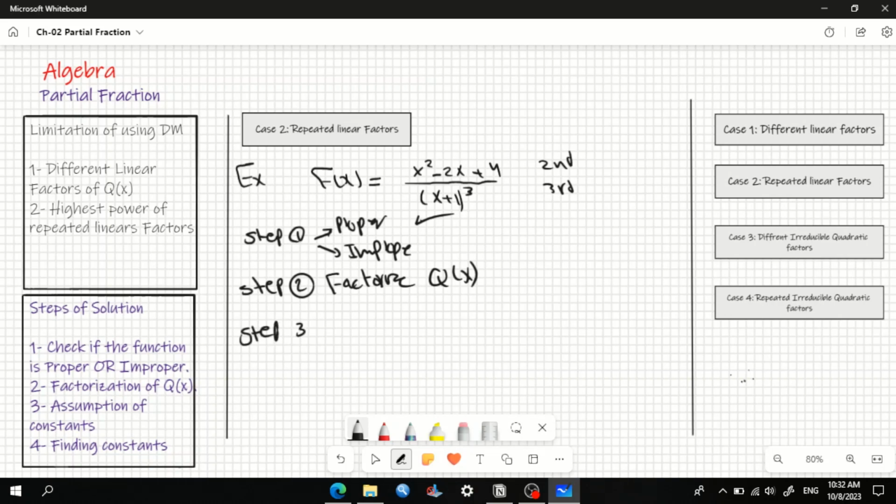Okay, so let's move to step 3, to assume constants.